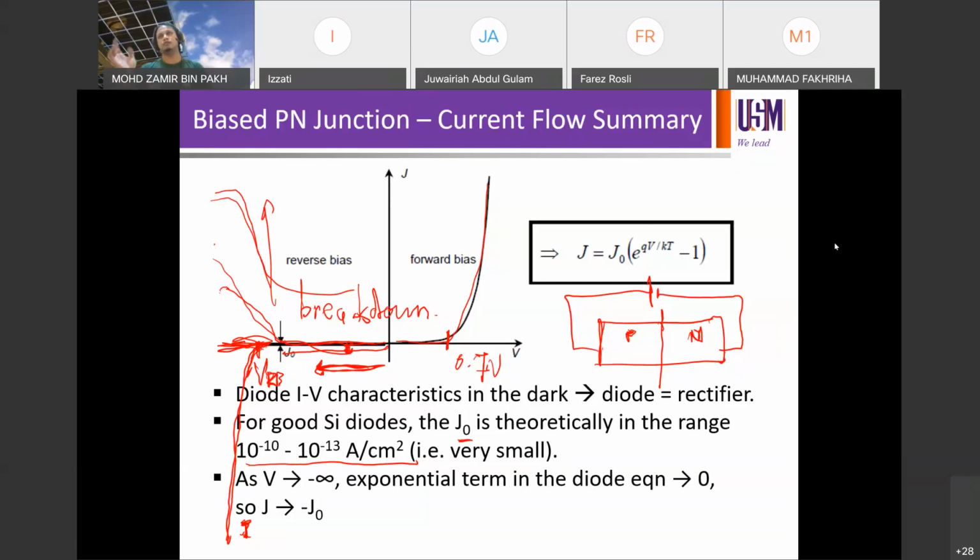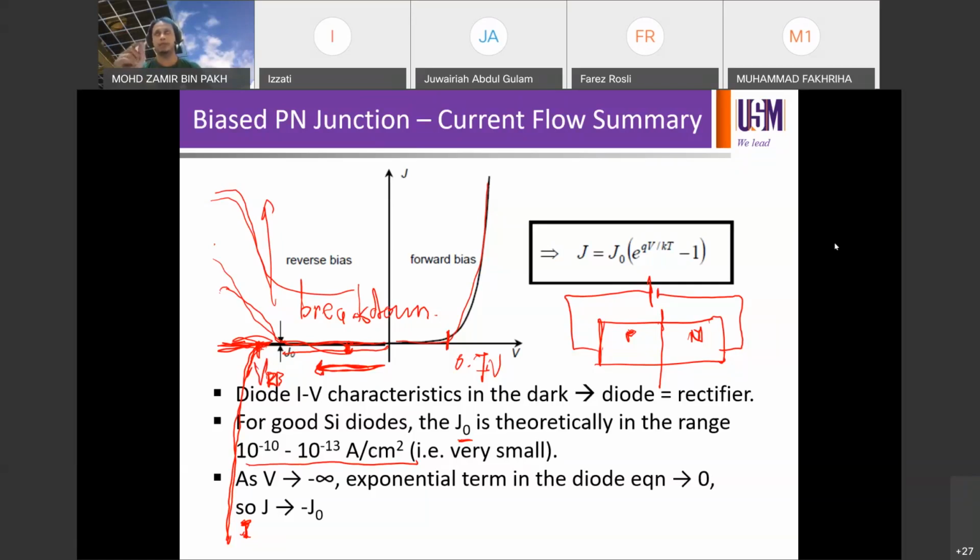But if the voltage is too big, at some point, the magnitude depends on the type of material, the junction, the doping level, and so on. So there's no one fixed reverse breakdown voltage, if you like. It depends on many factors. So at some point, the current will just increase exponentially.